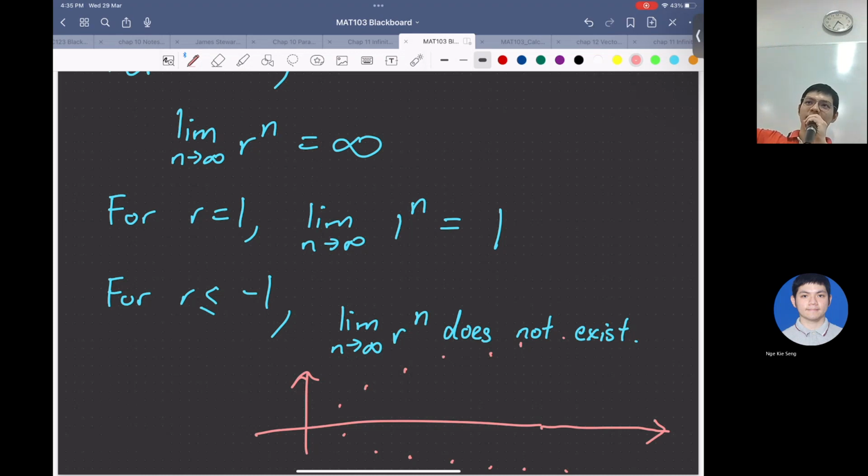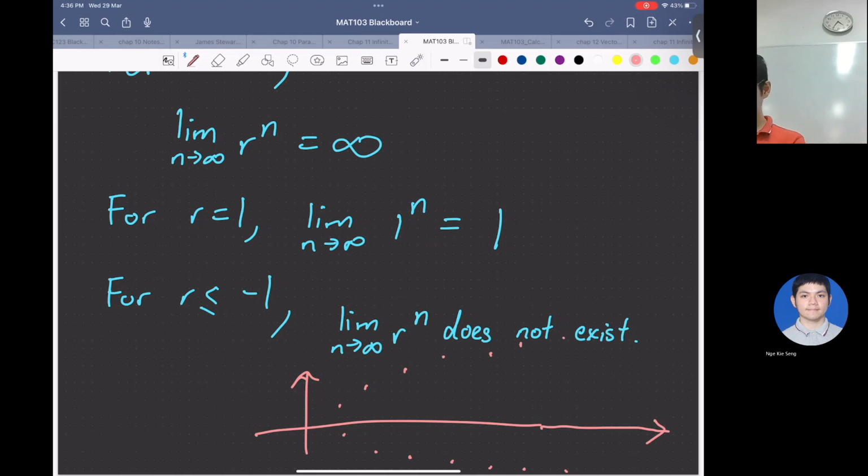So the limit doesn't exist. Anyone confused? It's natural to be confused, but you can ask. If some of you see it, then it's easy, but if you can't see it, then it will be hard. So I can explain if you can't see it.